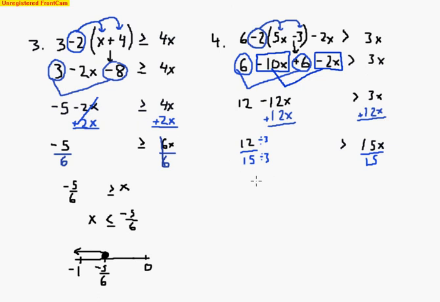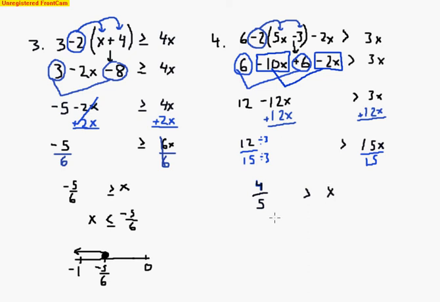And when I do that, I'm left with this 4, and it's over 5, because 12 divided by 3 makes 4, 15 divided by 3 makes 5. It's still less than x, because again, I did not divide by a negative.